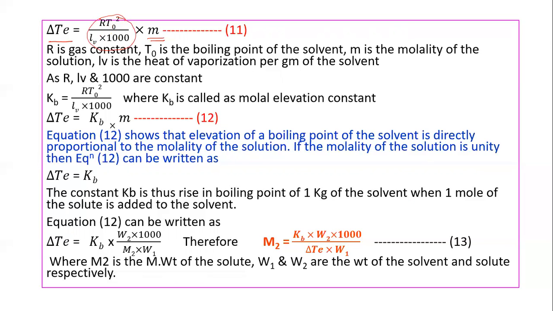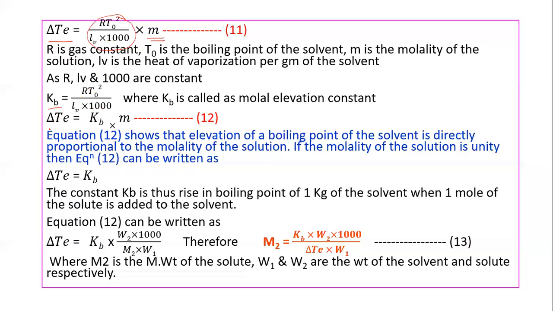This expression can be written as KB. So KB is equal to RT0 square divided by LV into 1000, where KB is called the molar elevation constant or ebullioscopic constant.